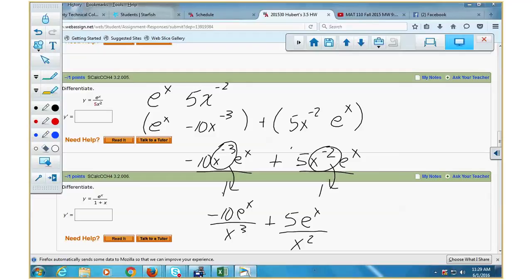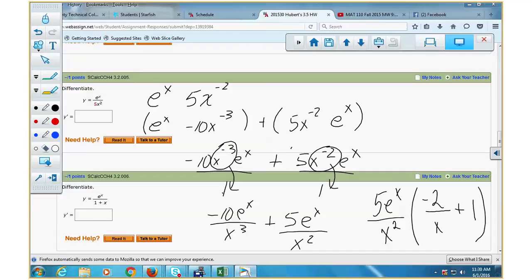You could factor out 5 e to the x over x squared. I don't know if they did this or not. 5 e to the x over x squared, and that would leave us with -2, don't check me, over x plus 1, right?